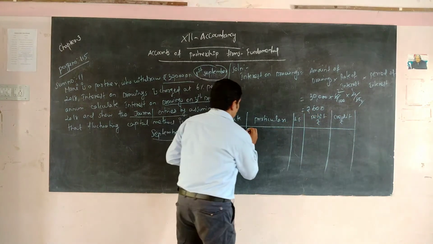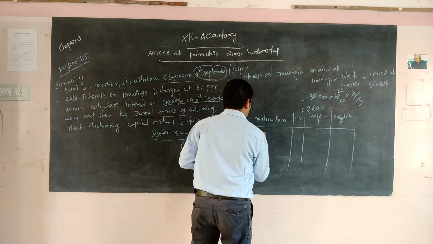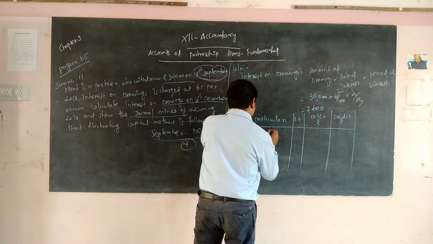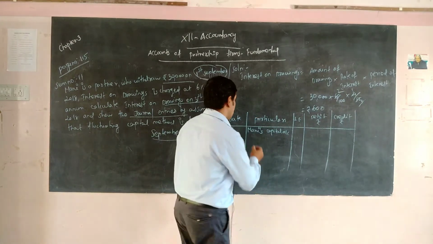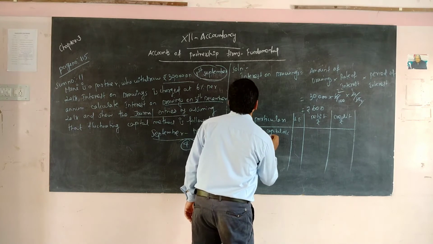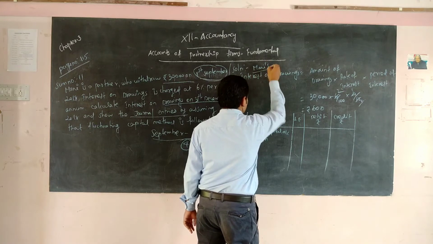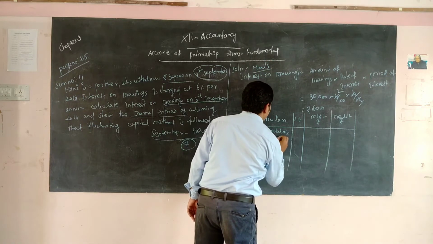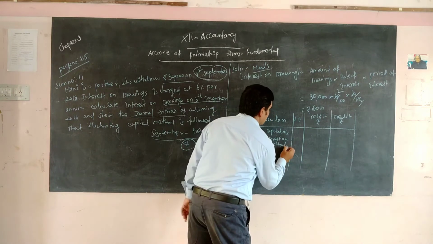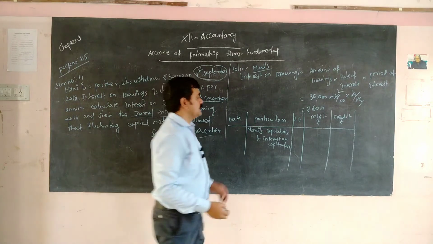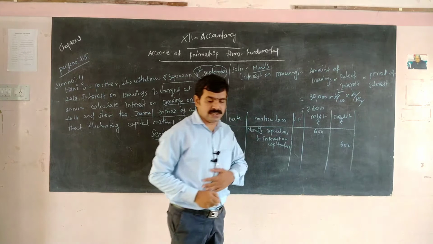So Mani's capital account debit to interest on drawing account. What is the amount? 600.